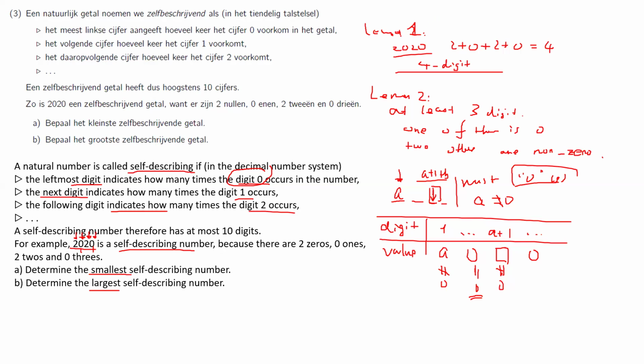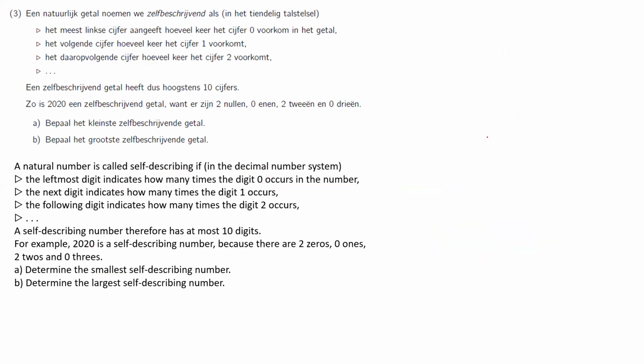So remember, lemma 1: the sum of the digits is the number of digits. Lemma 2: the self-describing number consists of at least 3 digits, one of them is 0, and two others are non-zero. Now we're going to solve the first question: what is the smallest self-describing number? From lemma 2, there are at least 3 digits.